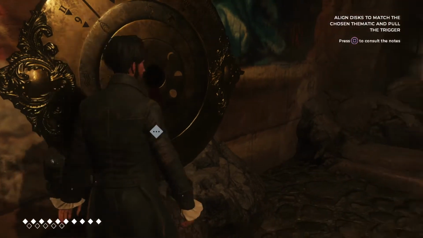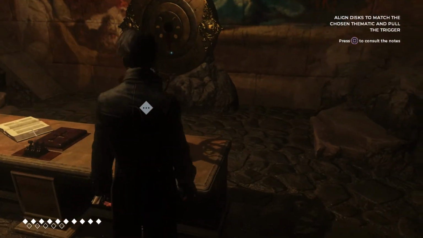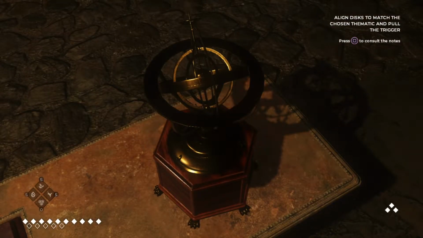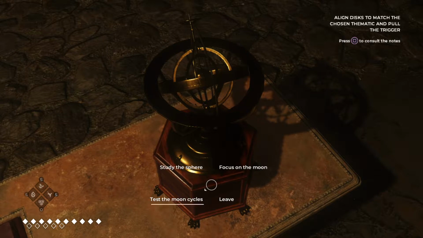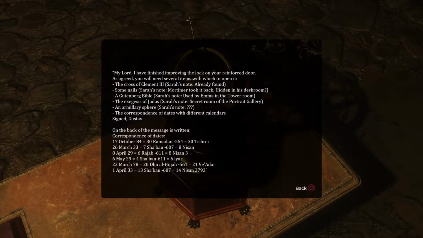So let's look according to dates, shall we? So obviously representing months.